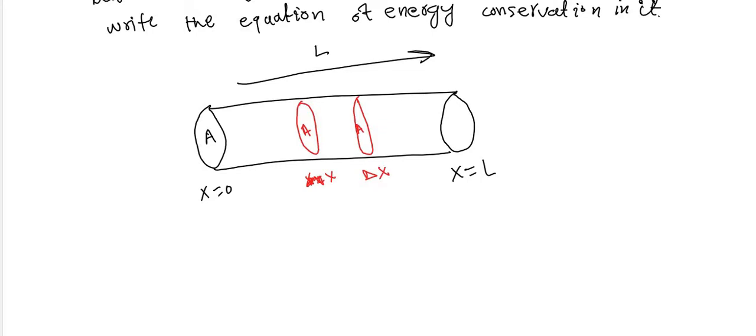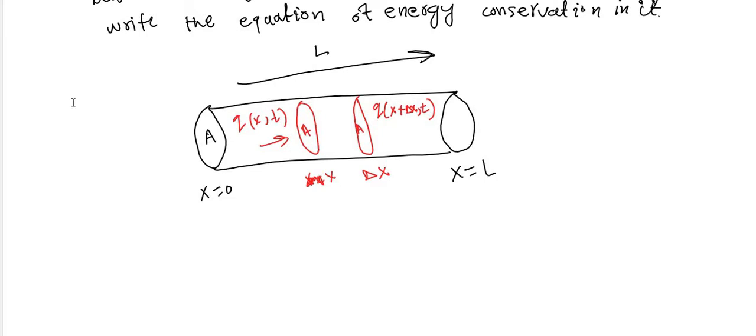Now, heat is moving from here to here, so it will depend on the length and on time when it moves from here to here. But when heat goes out from this side, you will have x plus delta x. Here it will depend upon this amount of length and time. Now this is an idea of what's happening here.